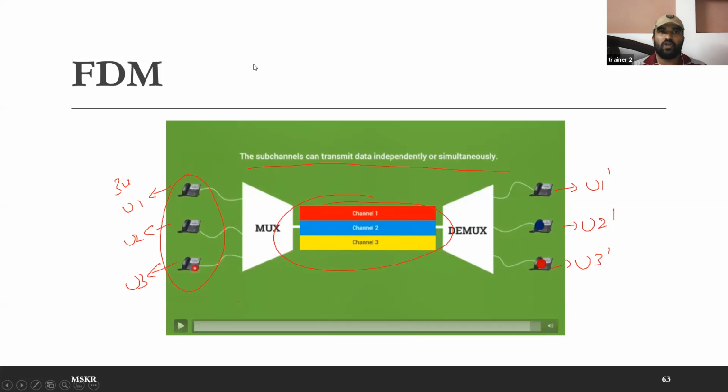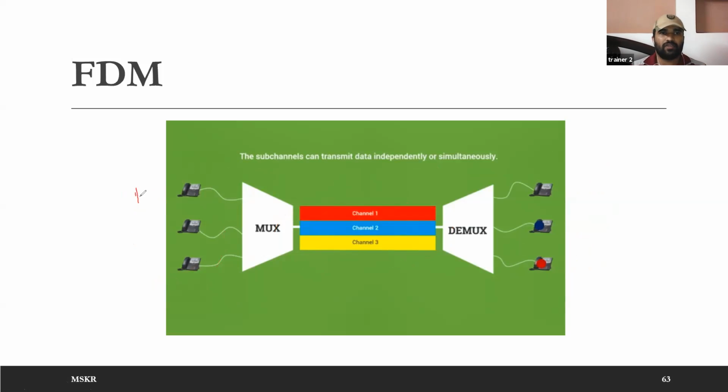Instead of these phones, you can look at them as three radio stations. This is something like, let's say, 93.5, this is 98.3, this is 102.1.